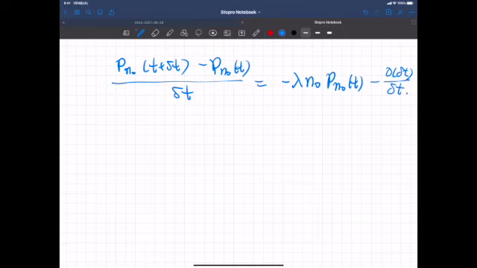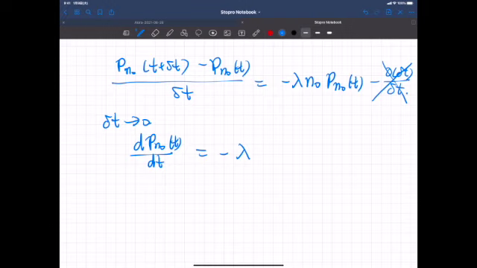As usual, we take this limit. Then the left-hand side becomes the derivative, and on the right-hand side we can ignore this term. So it becomes minus lambda n0 P n0 of t.